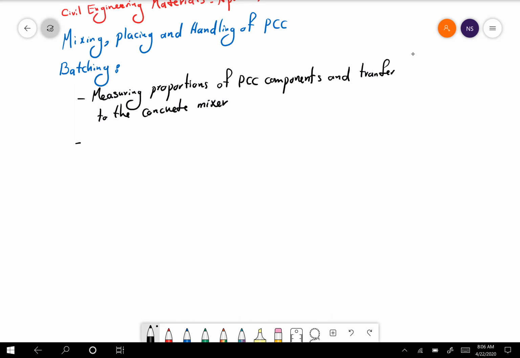Usually the batching is by weight, and we're going to talk about this in the mix design process again. But the idea behind using weight batching is that you don't need to worry about the air voids, so it eliminates the effect of air voids.